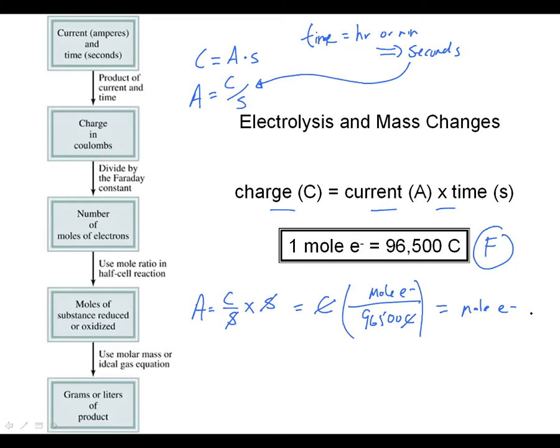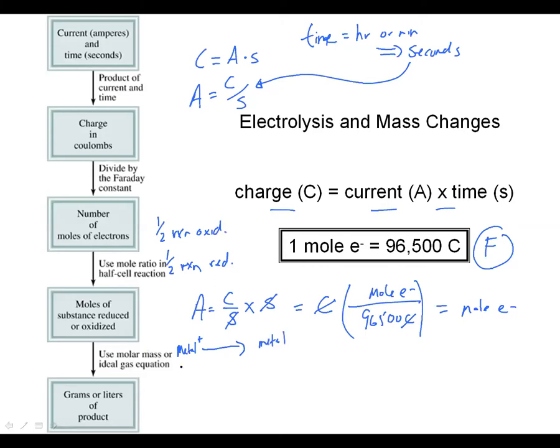So like usual, you may have one half reaction that is the oxidation half reaction, and one that is the reduction half reaction. And in both of those half reactions, you will have at some point the relationship between, say, a metal and electrons.